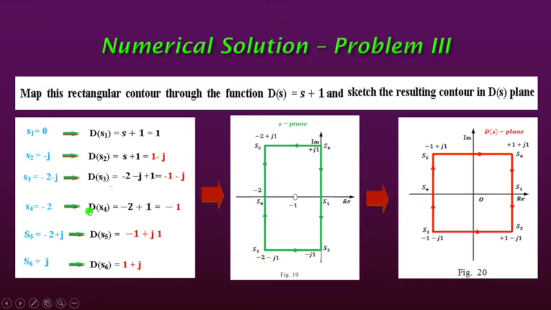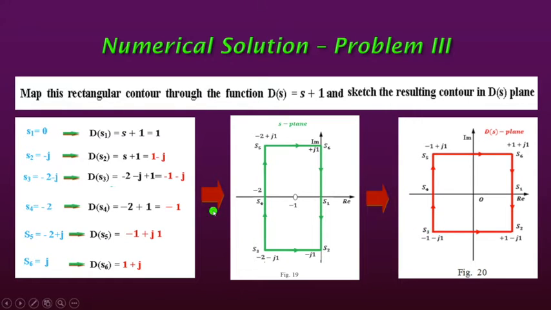Then S3. S3 is minus 2 minus j1. Put in D(s). Then this result is minus 1 minus j. So this point is S3 because this is the negative real axis minus 1 and this is the negative imaginary axis minus j1.